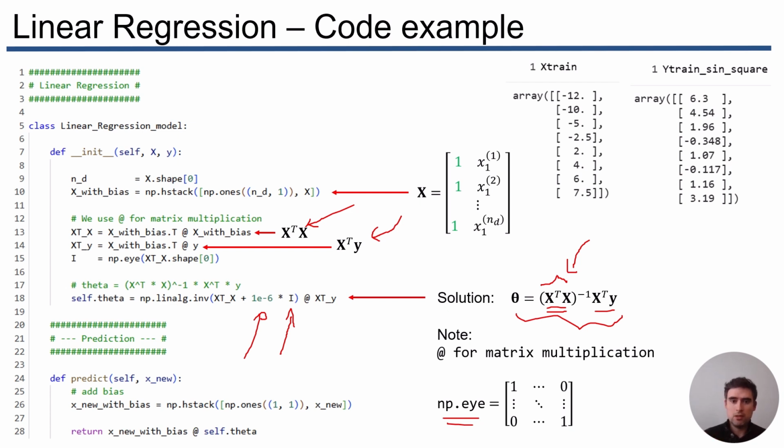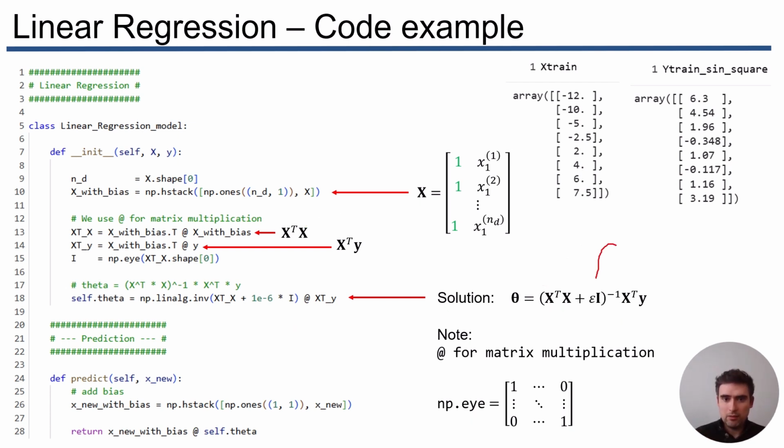So because of that, we add that very small number, to try to not really bias the estimation, times a diagonal matrix. What that is equivalent to is adding to each of the values of the rows a very small perturbation. Again, this is just for numerical stability. Yes, and then with this, we've already calculated the optimal thetas, exactly as we did during the lecture, using exactly the same equations.